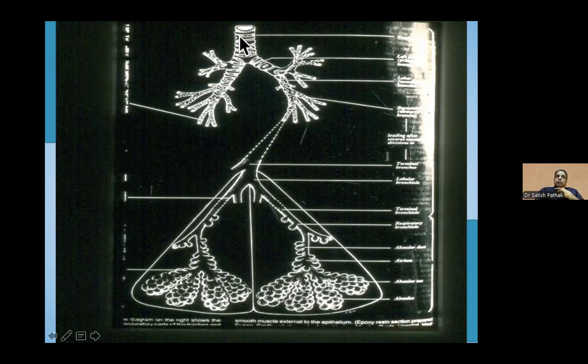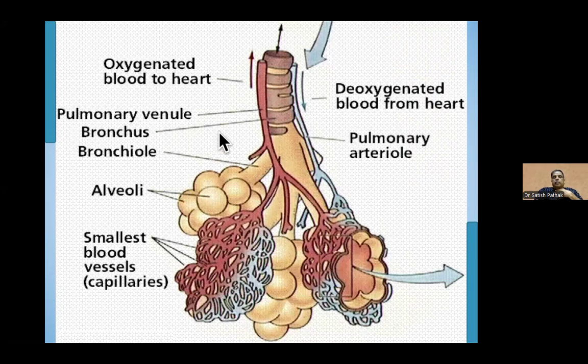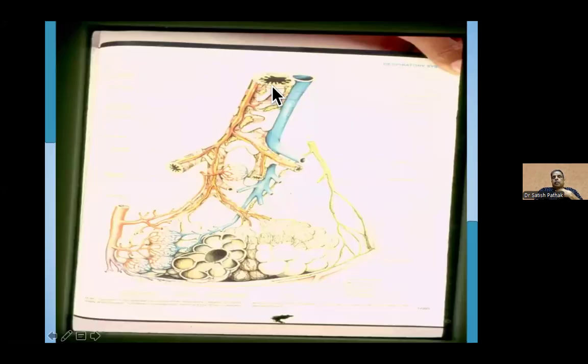Now this mucosal lining inside the trachea and bronchus has hair-like projections. That is called cilia. See, these are the hair-like projections. Can you see this? Here also you can see. This is the trachea and bronchus. Now, what is the function of this cilia?